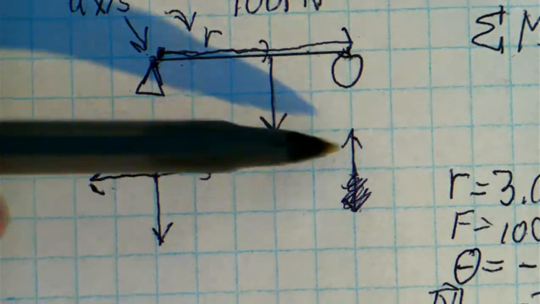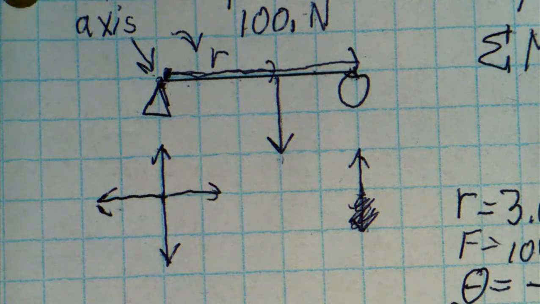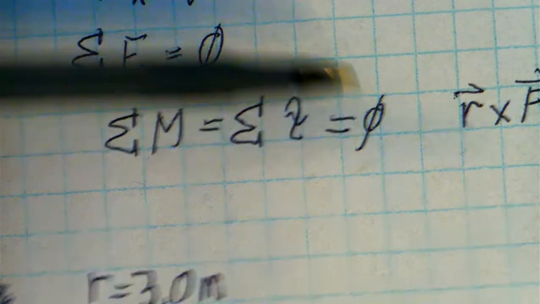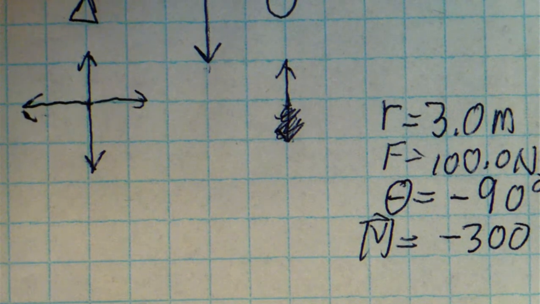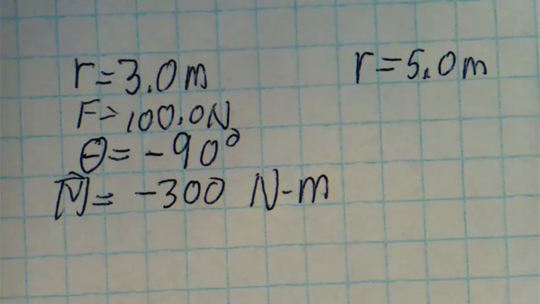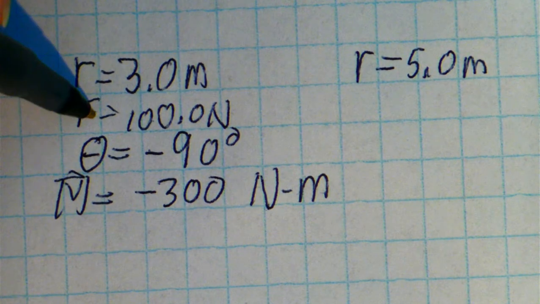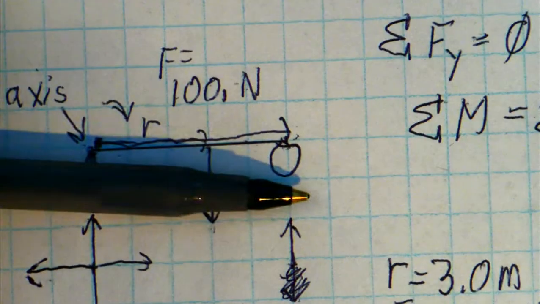Okay, so to calculate that reaction force, I'm going to sum all the moments about this axis of rotation so that they add up to 0. Great. Well, this new distance is now 5 meters. So in this new calculation, R equals 5 meters. The angle, I'm going to choose it to start off.